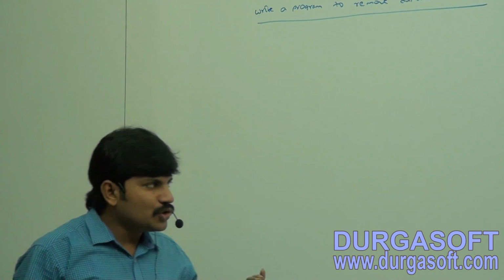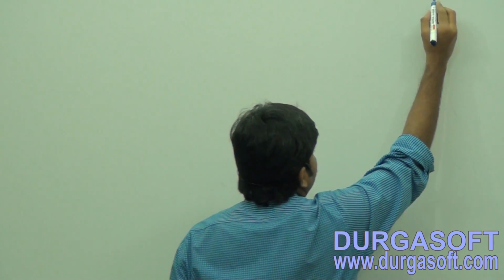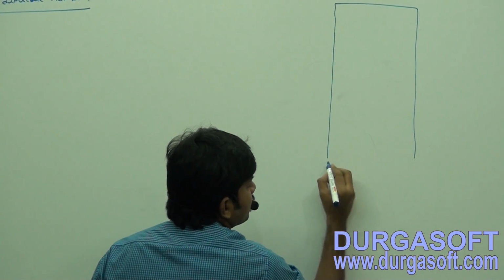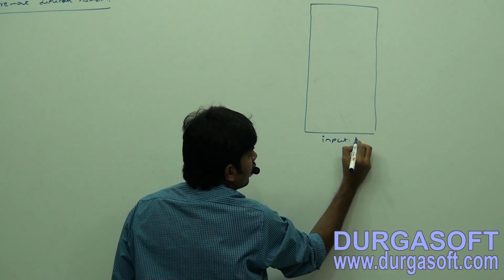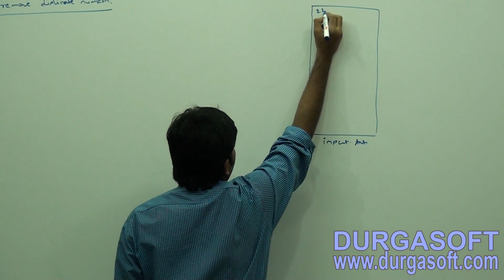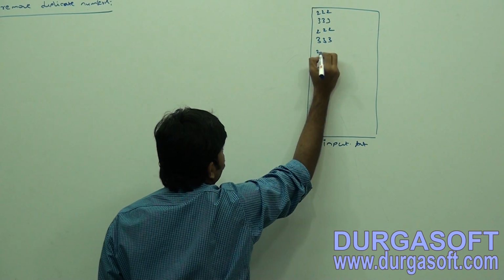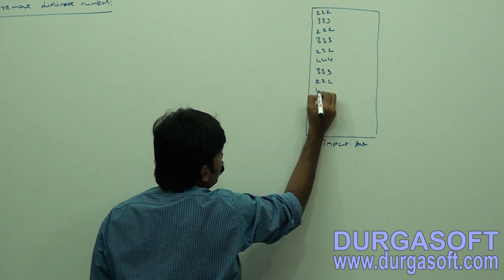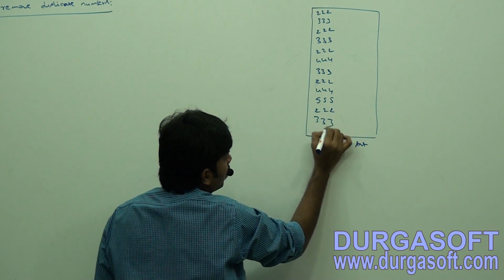How can you do that? Very, very simple, sir. Observe this. This is my input file, input.txt: 222, 333, 222, 333, 444, 333, 222, 344, 555, 222, 333, 666.